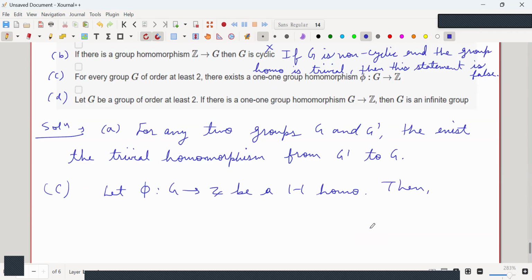So suppose we take some group of order at least 2. Order of G should be greater than or equal to order of Z, right?